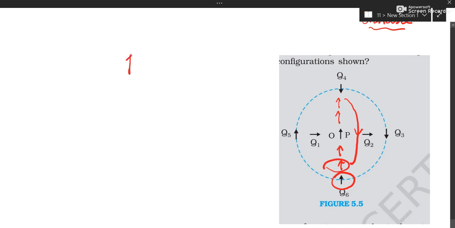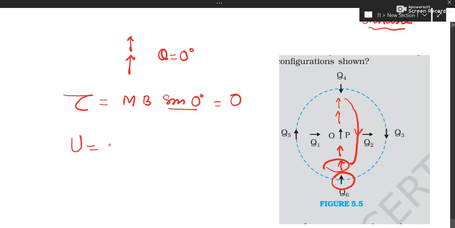They both are in the same direction, M and B. So theta is 0. Theta 0 means torque is MB sine 0, so torque is 0, since sine 0 is 0. And potential energy is minus MB cos theta. So cos 0 is 1, so it is minus MB. Energy is minimum, negative. So it is stable equilibrium.